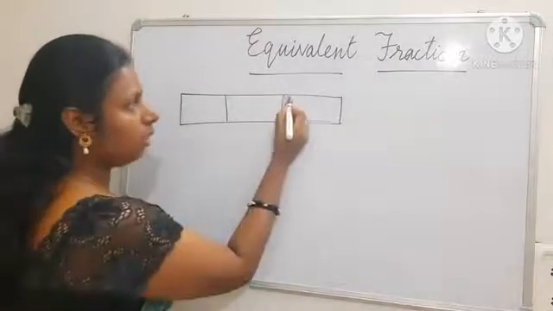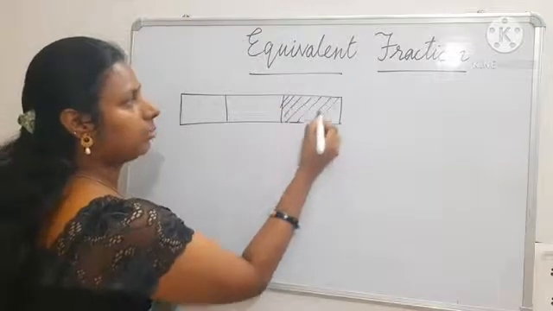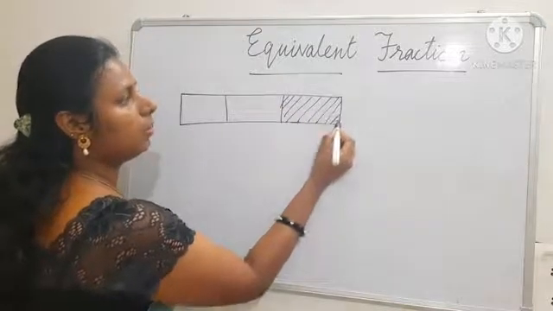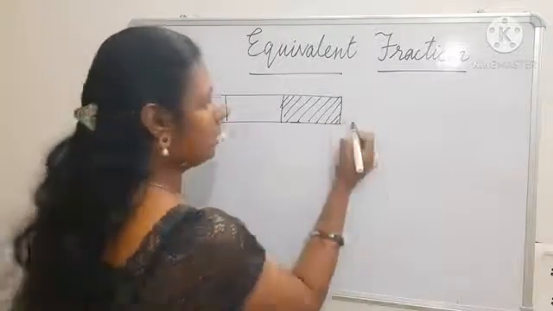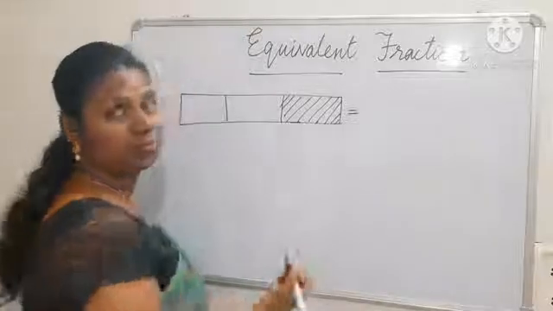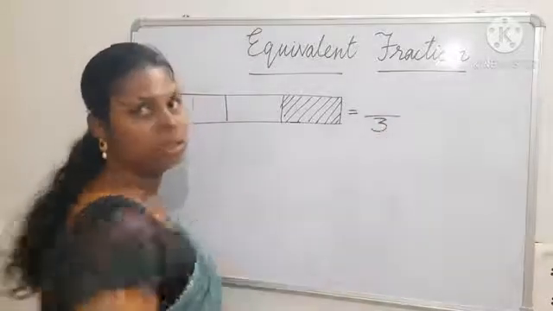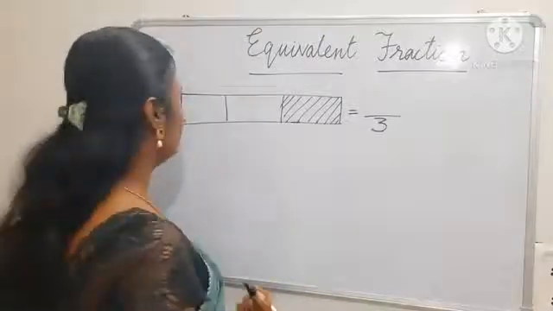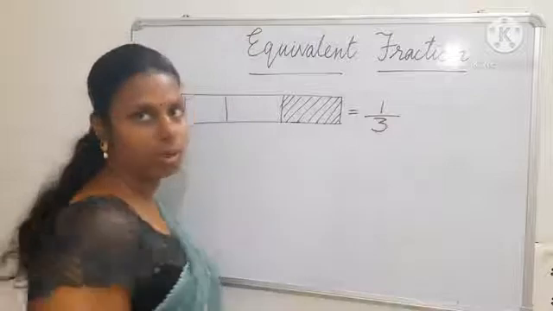Now, I am going to shade one part of it. Now, you know how to write the fraction, isn't it? What is the fraction? The total number of parts, 3, is going to be the denominator, and the numerator is the shaded part, that is 1.